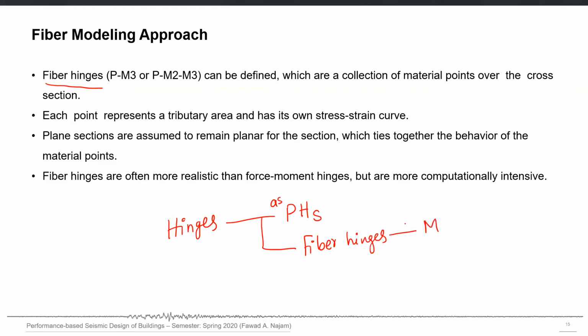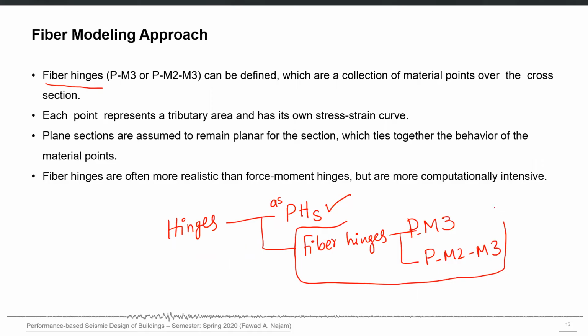One is PM3, and the other is PM2M3. All the rest of the hinges are basically used as plastic hinges, for the plastic hinge modeling approach or the concentrated plastic hinge approach. Only these two hinges are available for fiber hinges in ETABS.